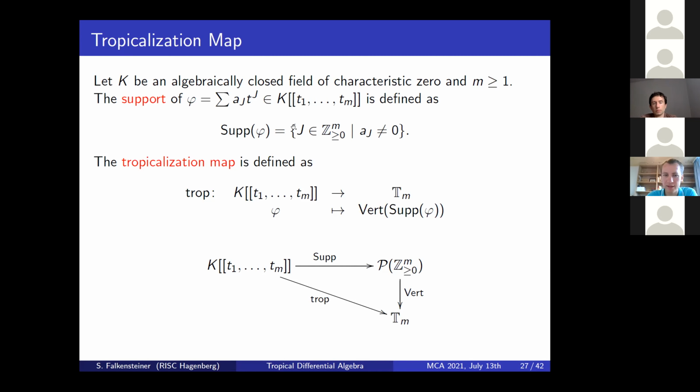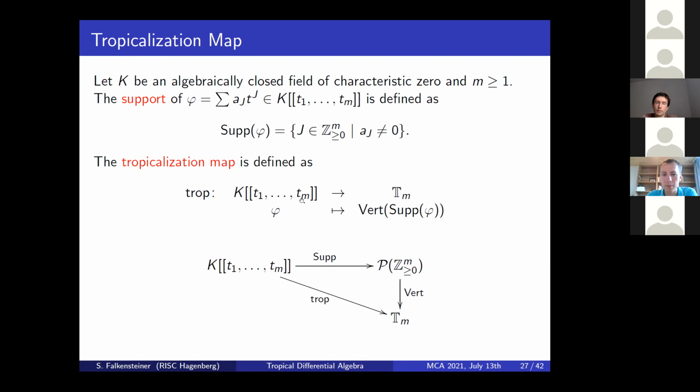Again, I call the map support, which sends a power series to its support, and then the vertex map. The result we call the tropicalization map. So it sends a multivariate power series to an element in Tm.